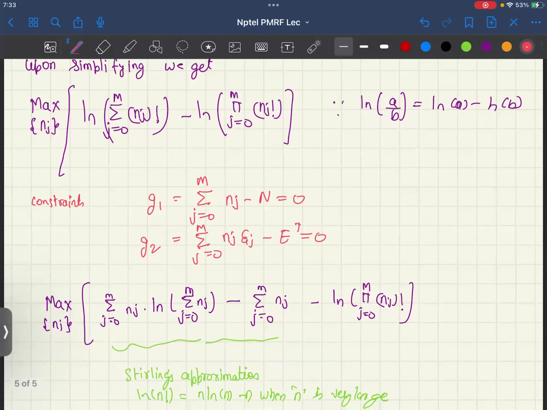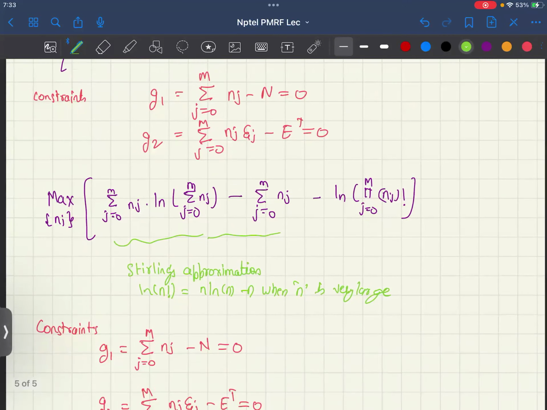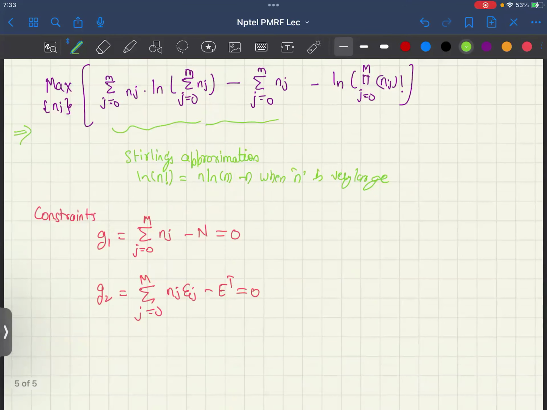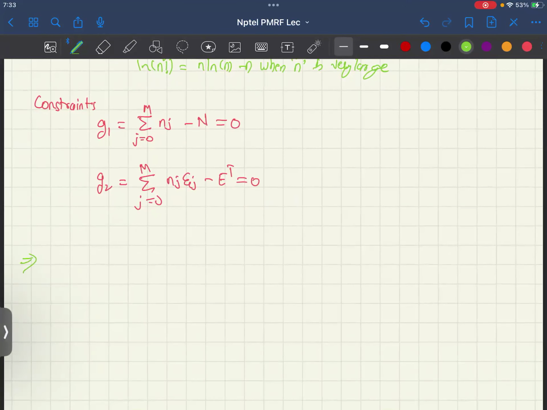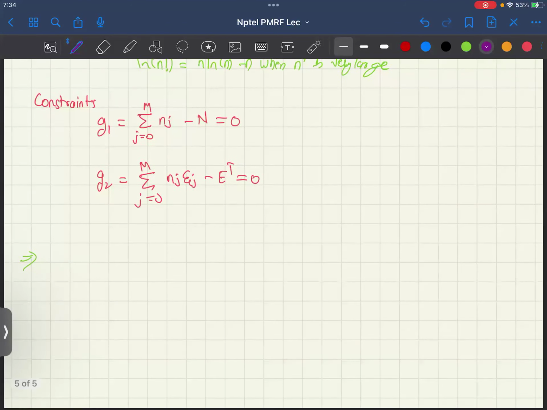So let me just use a different color to show different steps, right? Now again we use simplification, right?